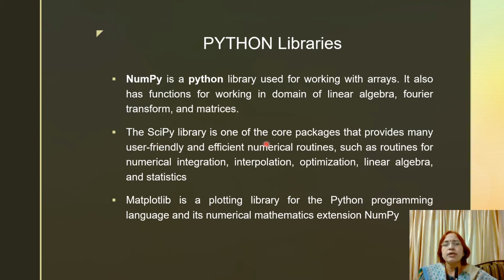It is one of the core packages that provides many user-friendly and efficient numerical routines, such as routines for numerical integration, interpolation, optimization, linear algebra, and statistics. The third one is matplotlib. It is a plotting library for Python and its numerical mathematics extension NumPy.